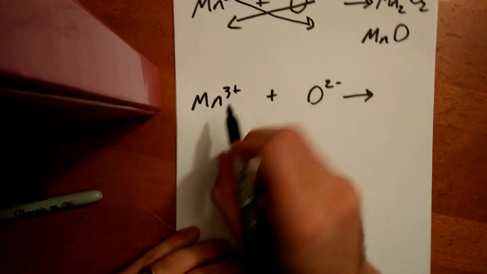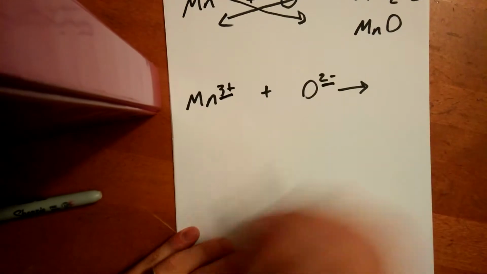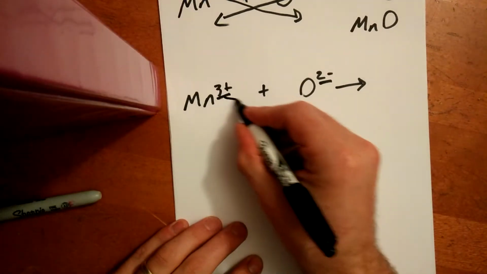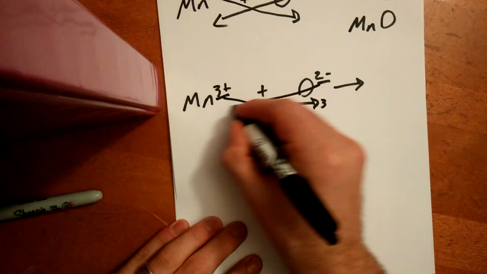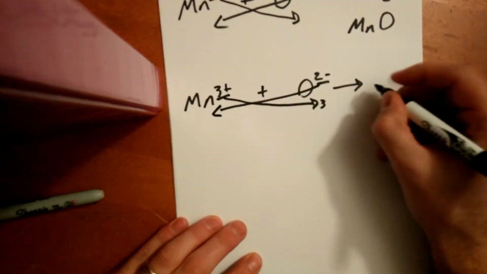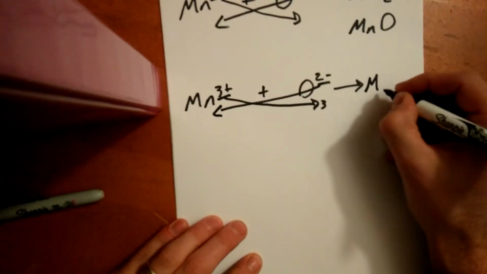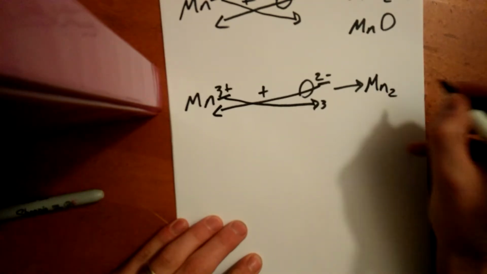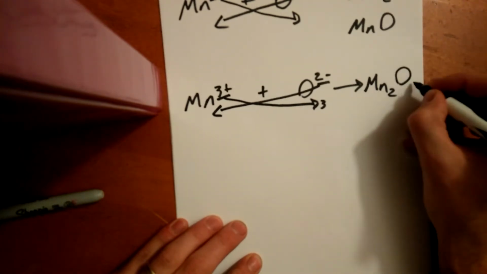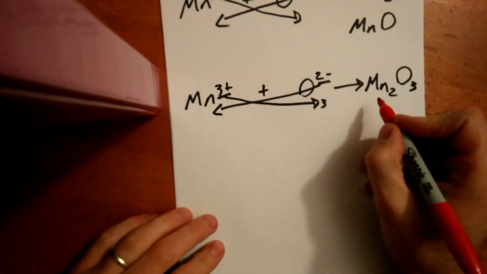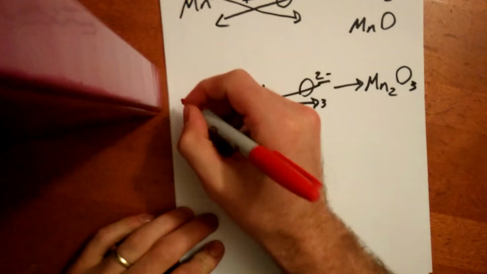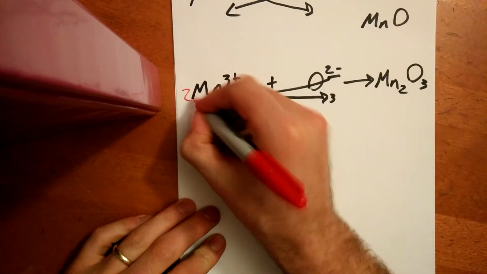Now in this example, we have a 3 here and a 2 here for the charges. We can bring our 3 charge across and our 2 charge across. And that's going to give us manganese with a 2 here and oxygen with a 3 here. So to balance that out, we have 2 manganese on this side, so we need 2 on this side.